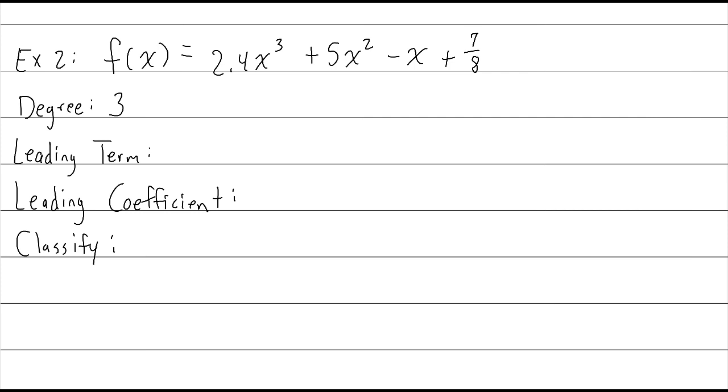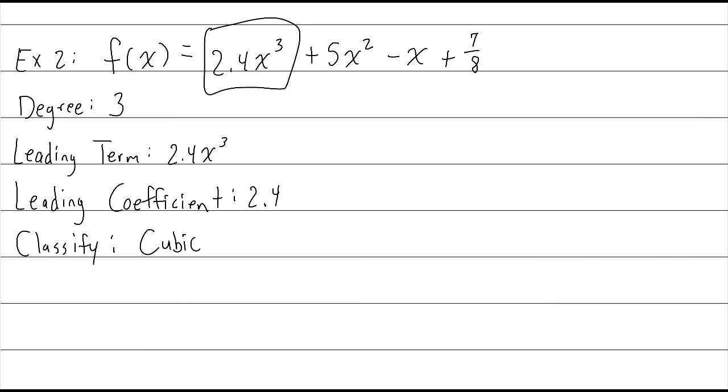Okay, well, once I found that, I know that this is my leading term, 2.4x to the third power. The leading coefficient is the coefficient of the leading term, right? Remember, the coefficient is the number in front of the variable, so that'd be 2.4. And I want to classify this, okay? Degree 3 is a cubic function. Okay, so that was really simple.